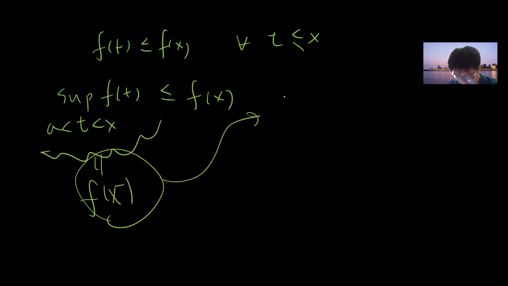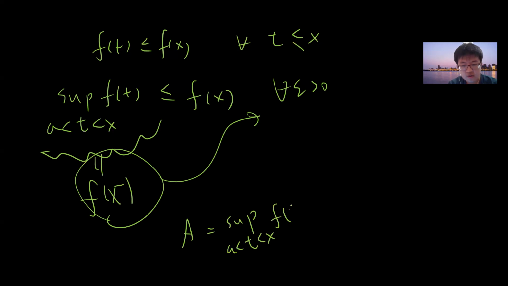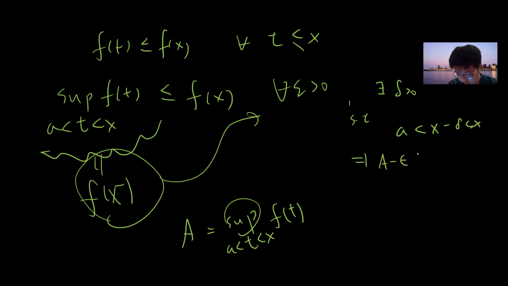Okay. Same reason, right? So epsilon given. Let's say a is defined to be the sup of f(t) for a less than t less than x. For epsilon greater than 0, this is the supremum, so there exists an approximation to the upper bound. There's a delta greater than 0 such that when a less than x minus delta less than x, you will have a minus epsilon less or equal to f(x minus delta) less than or equal to a.